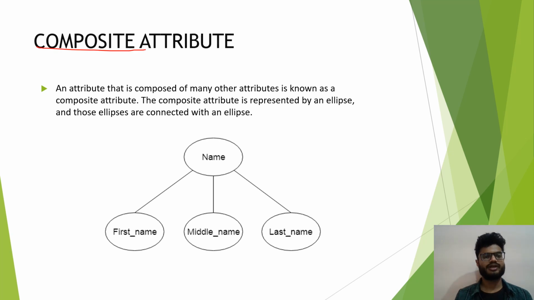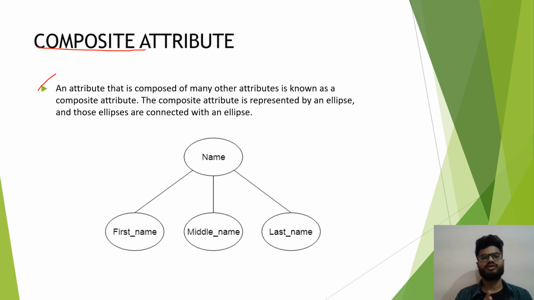Now the composite attributes. An attribute that is composed of many other attributes is known as a composite attribute. The composite attribute is represented by an ellipse, and those ellipses are connected with another ellipse. Composite attributes are those which can be further divided into other attributes.